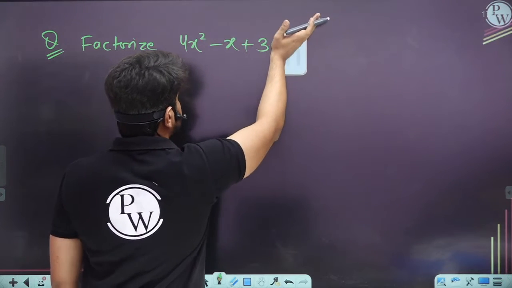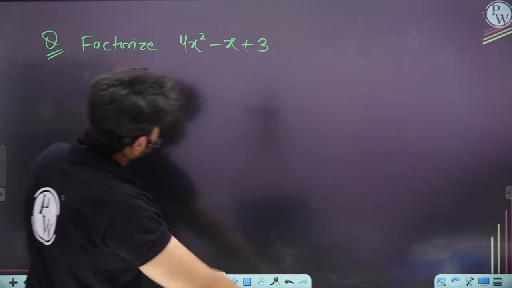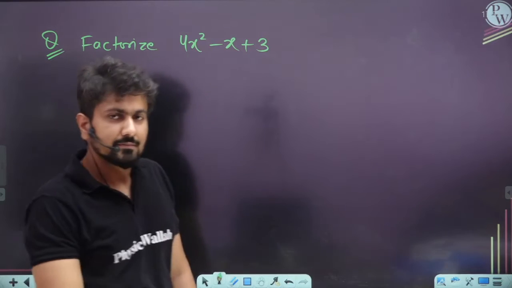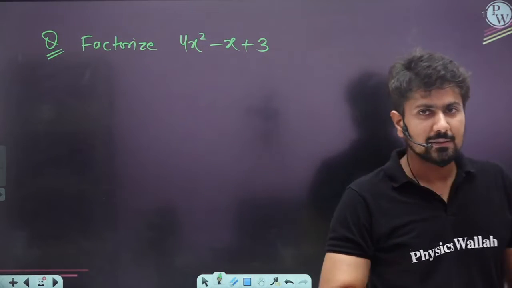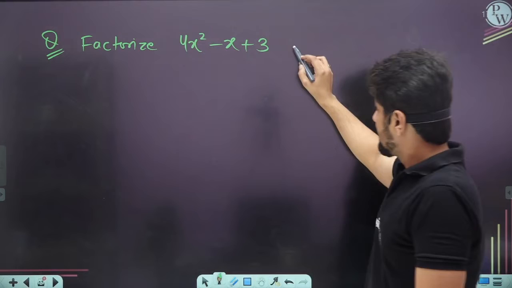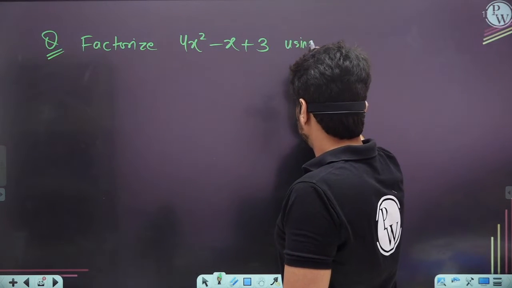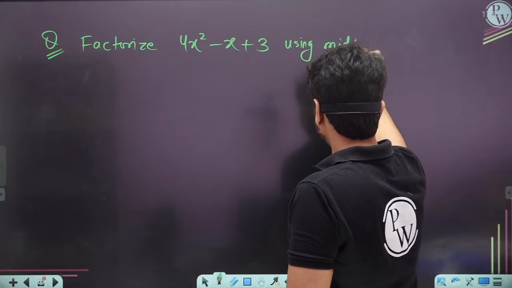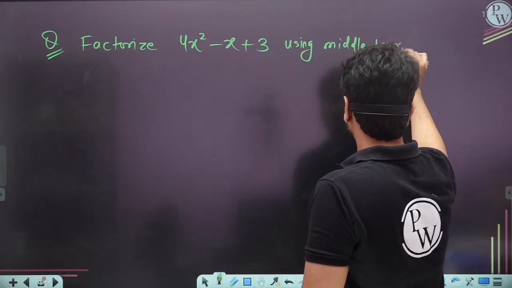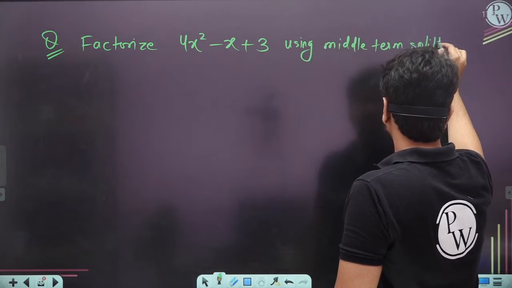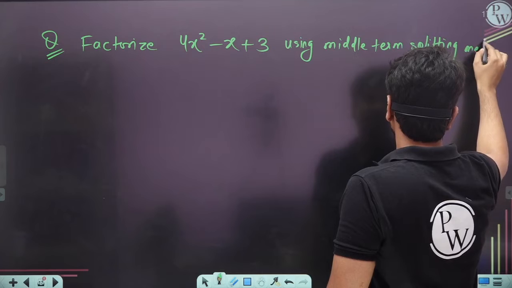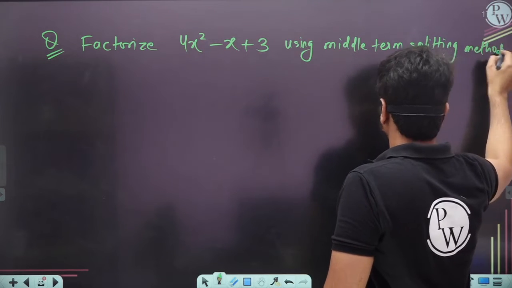Factorize this expression using middle term splitting method.